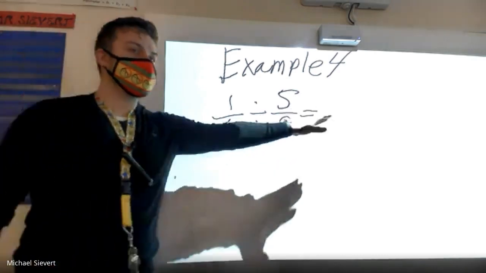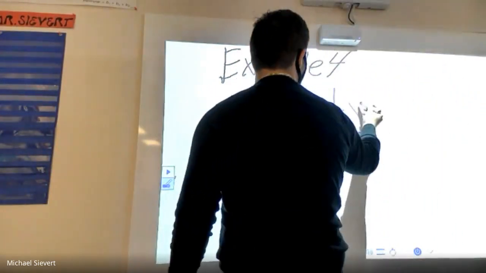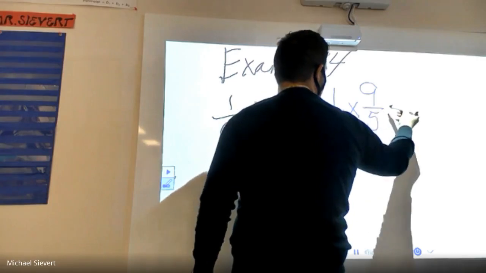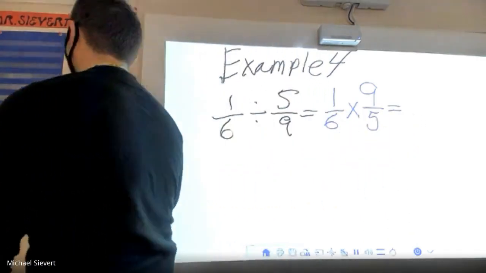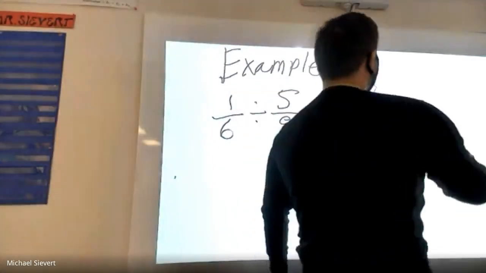Right, you flip the second number and change the division to multiplication. So it's 1/6 times 9/5, which would come out to be, what is our fraction now? Natalie? Yep, 9/30.